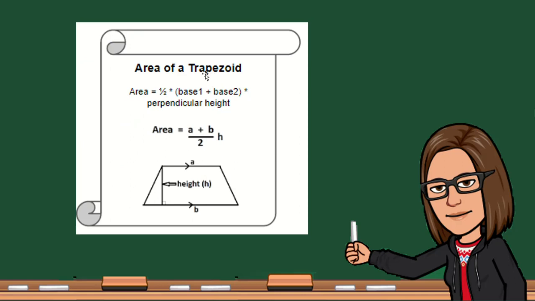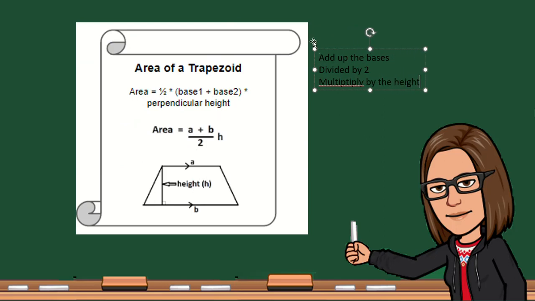So the formula of a trapezoid is going to be 1/2 times base 1 plus base 2 times your perpendicular height. And so what I say is just add up your bases, add up a and b, divide it by 2, and multiply by h. So what I say again is add up the bases, divide by 2, and then multiply by the height.